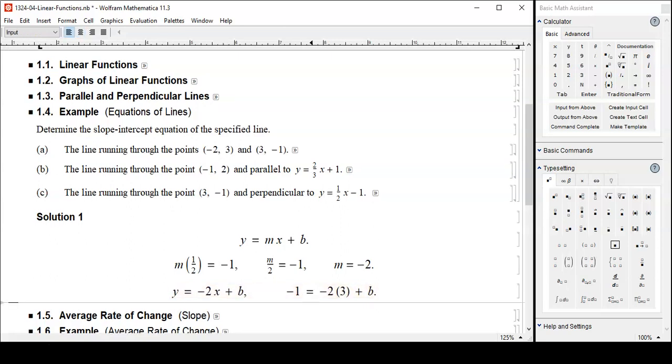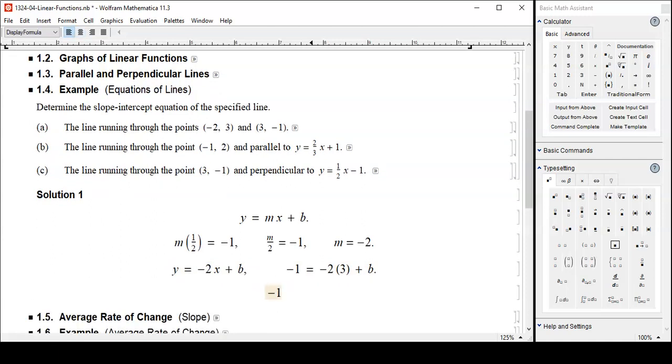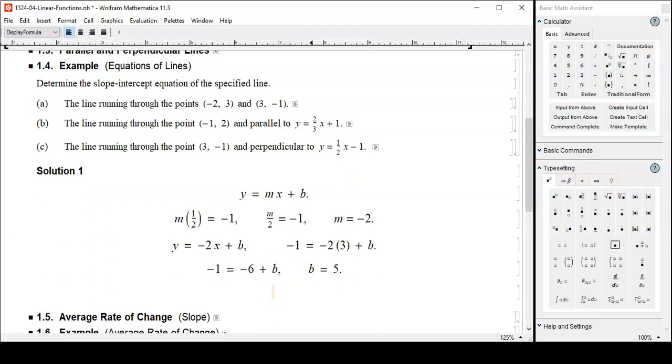What is b? -1 equals -6 plus b. So if I flip 6 to the other side, 6 minus 1, that's 5. So am I getting this? y equals -2x plus 5. Is that what I'm getting?